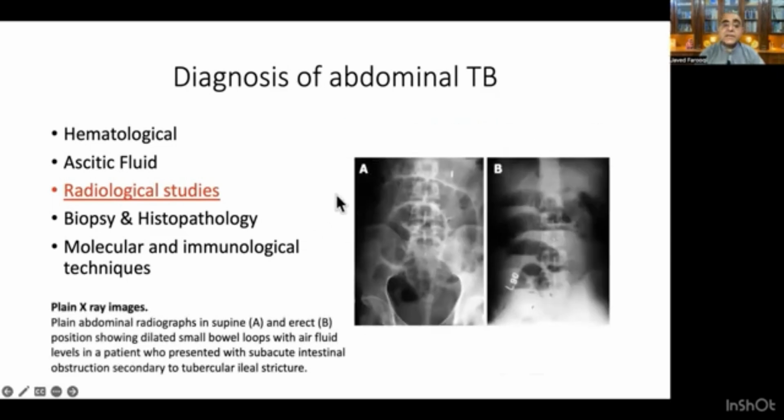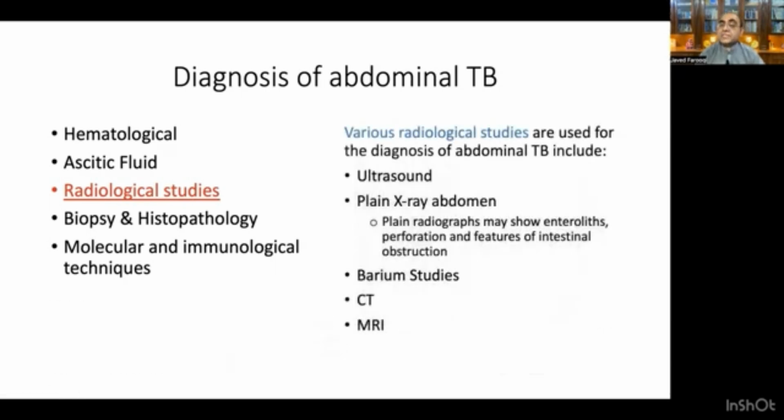Like in this case, plain abdominal radiographs in supine and erect position showing dilated small bowel loops with air fluid levels in a patient who presented with subacute intestinal obstruction secondary to tubercular ileal stricture. So these are the dilated loops supine, and when this was erect, there are fluid levels. So the plain X-ray abdomen can tell you if the patient has got enteroliths, perforation, or features of intestinal obstruction.